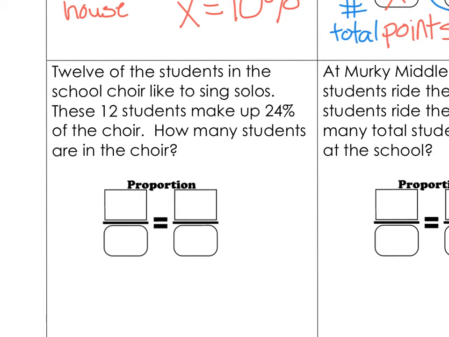Remember here, we're going to have our part, our total, and our percent is always going to be out of 100, okay? So it says 12 of the students in the school choir like to sing solos. These 12 students make up 24% of the choir. How many students are in the choir?